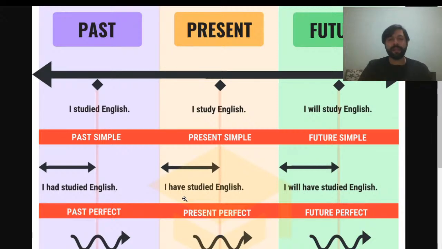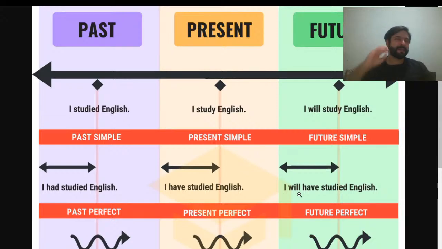That's the only thing we can be sure. Okay, if you say I have studied English, it means I did this action before now, and that's it. And the future perfect, I will have studied English. It's because now I haven't studied English, but in a future time, this action will be complete.